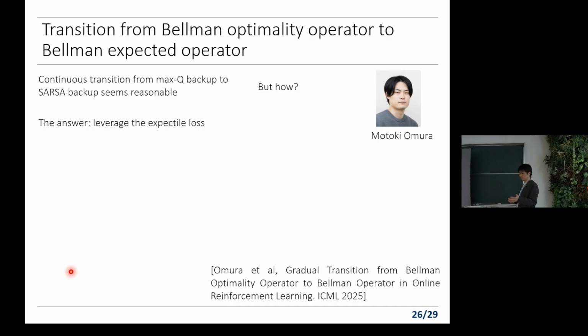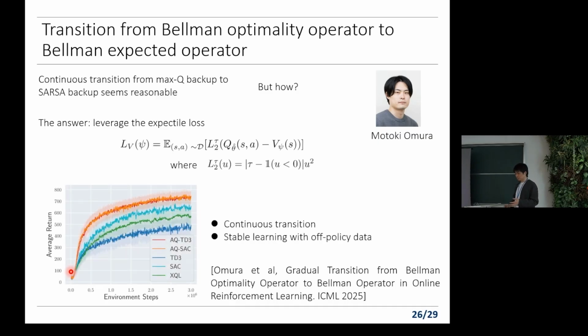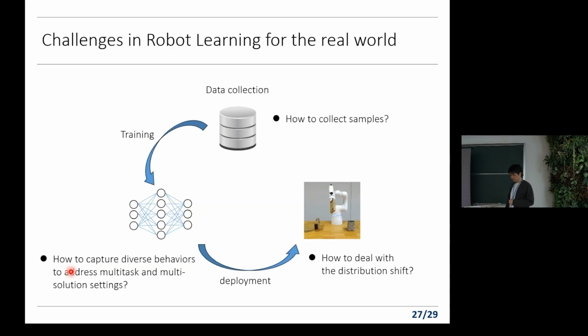One of our team members developed an algorithm to achieve this, leveraging the expectile loss, which is often used for offline reinforcement learning. Using this, we can achieve the continuous transition from the max Q backup to the SARSA backup, and we can significantly improve the sample efficiency of standard and popular reinforcement learning methods.